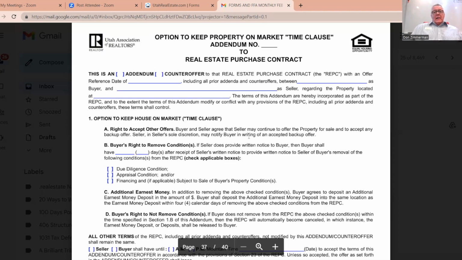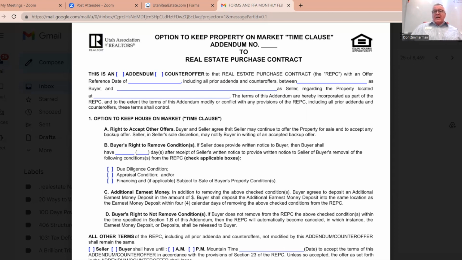This is when you have somebody that comes to you, you're the listing agent. Somebody comes to you with a good offer, but they have to sell their house. So they're going to have a contingency on the offer. So what I always advise my seller is, well, we can accept their offer, but we can do it with a time clause, which keeps your property active on the MLS.